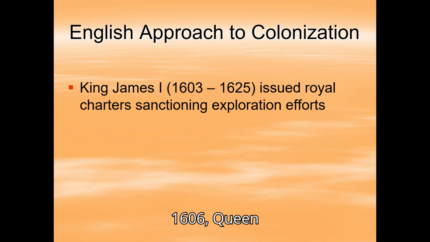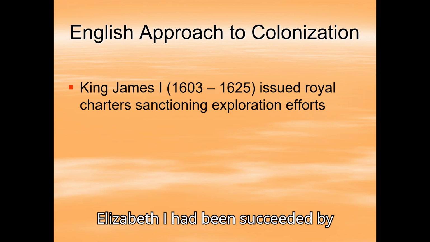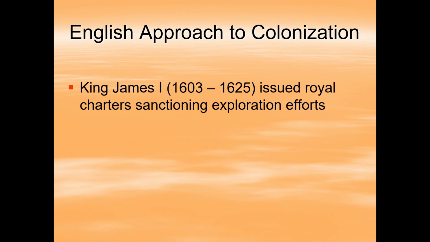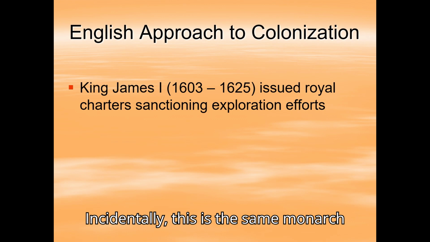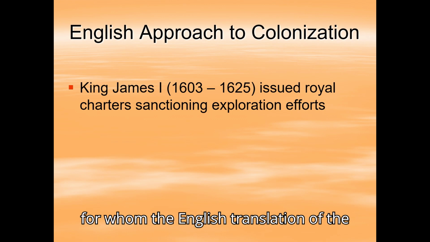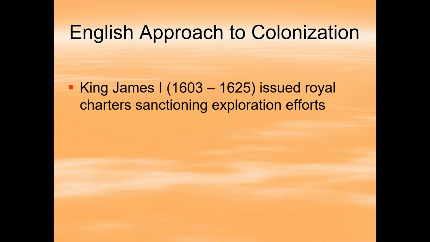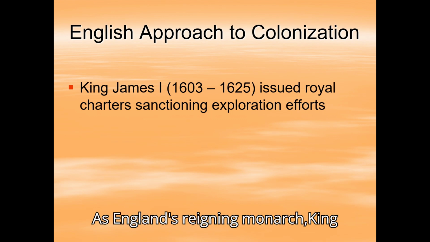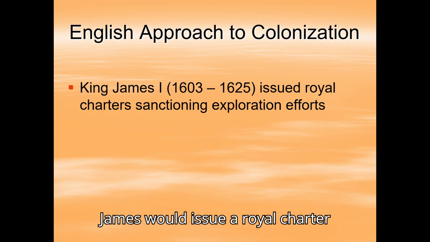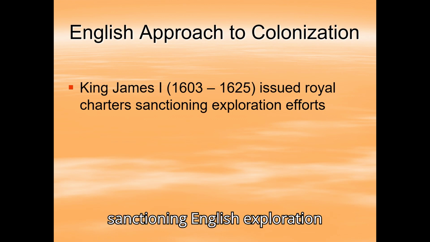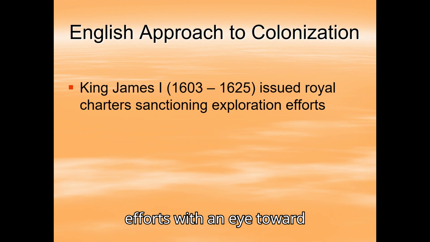By 1606, Queen Elizabeth I had been succeeded by King James I. Incidentally, this is the same monarch for whom the English translation of the Bible is named. As England's reigning monarch, King James would issue a royal charter sanctioning English exploration efforts with an eye toward making a lot of money.